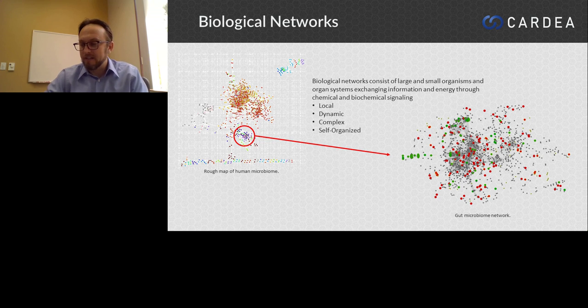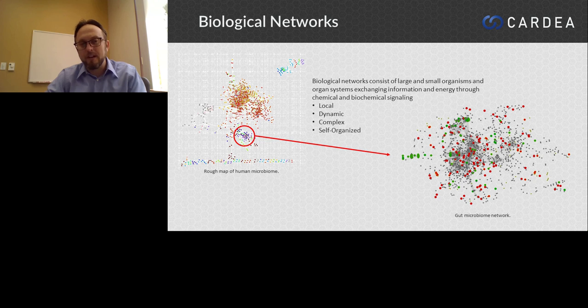Biology is very complex. The inherent properties of these networks are that they're very local, hyperlocal. They communicate via chemistry, so you have to wait for the chemicals to go from one place to another. They're also dynamic. They change from one moment to another. If you wanted to get a snapshot of something, it would be pretty hard to see the same shape and elements of the network from 1 minute to the next.